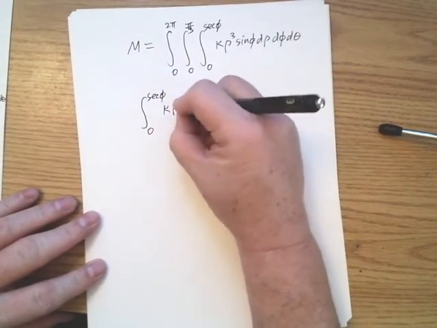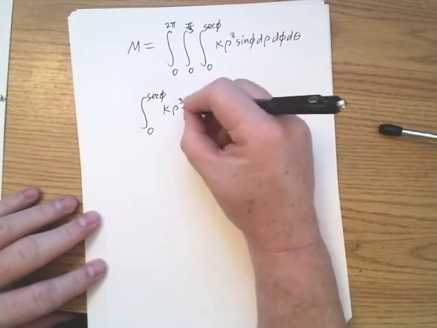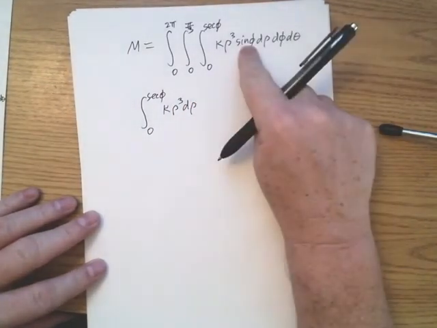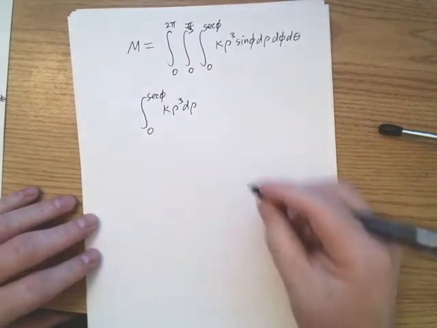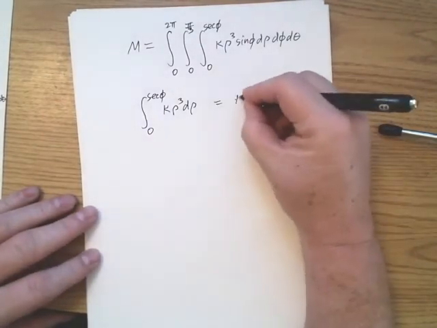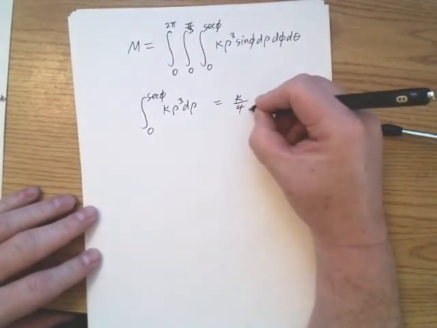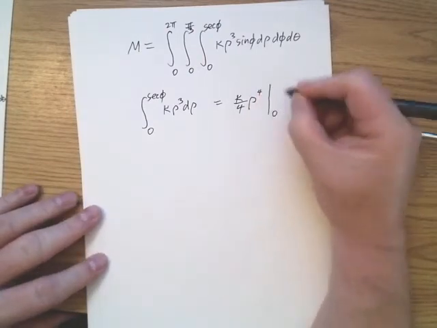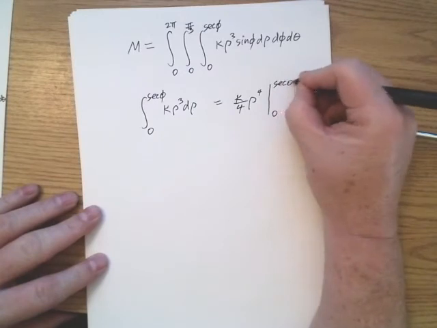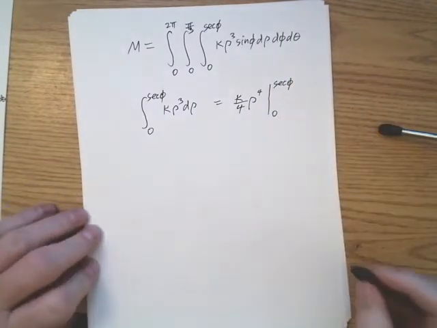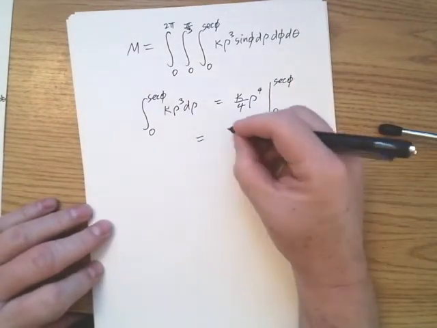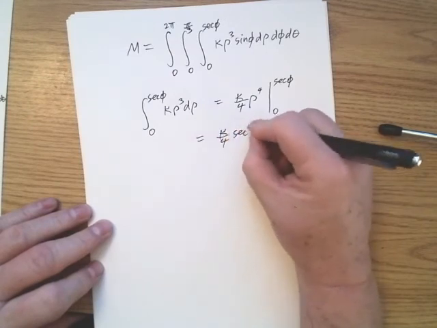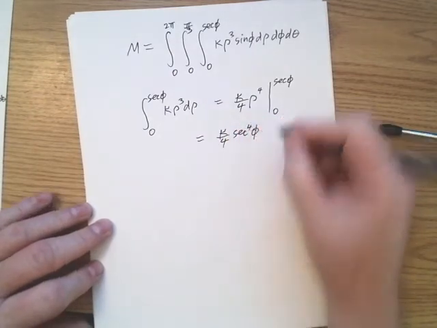Now let's work the inner integral here from 0 to the secant of phi, k rho cubed d rho, just factoring out the sine of phi again, like usual. What do I get? k over 4 rho to the 4th, going from 0 to the secant of phi. And you can see that's really going to be k over 4 secant to the 4th phi.